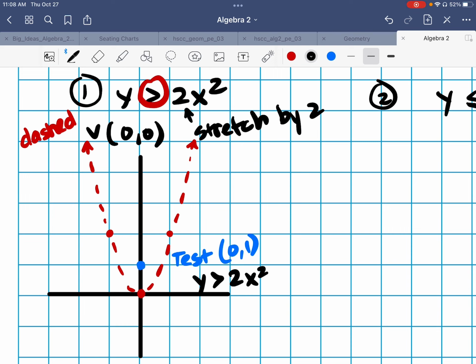In the y value, we're going to place a 1, and in the x value, we're going to place a 0. So what we have is 1 is greater than or equal to 2 times 0 squared. Now we should know that 0 squared is 0 and 2 times 0 is 0, which tells us that 1 is greater than 0. And this is why we want to pick numbers on the y-axis. It gives us a very easy equation to analyze.